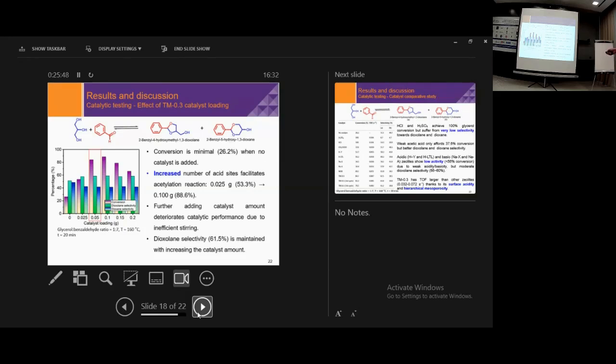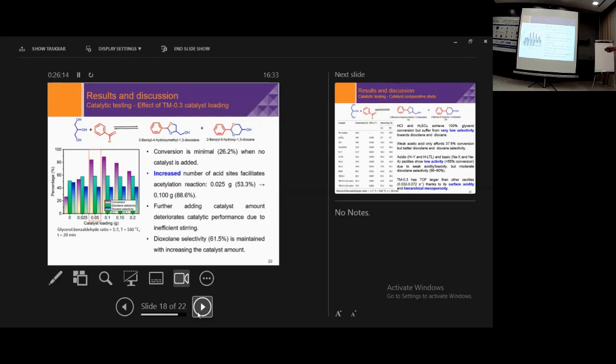Without catalyst, the conversion is around 26.2%, and we can see it increased very significantly to about 88.6%. So this is due to the increased number of acid sites when we introduce a more catalyst amount.